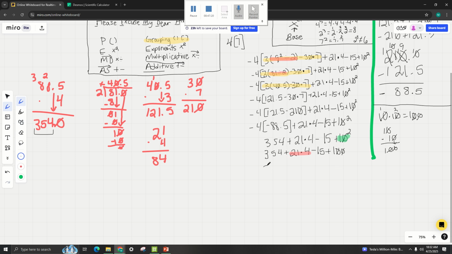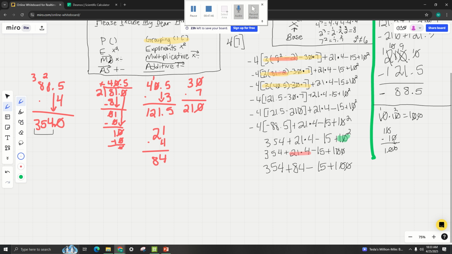So I rewrite 354 plus 84, my solution to this multiplication problem we had, minus 15 plus 100. Sorry, y'all. Oh my goodness. There we go. So now let's look. Did I do everything multiplicative?